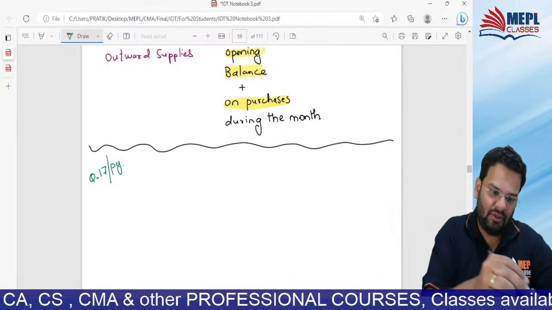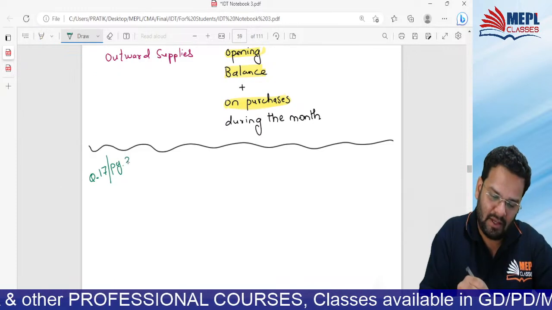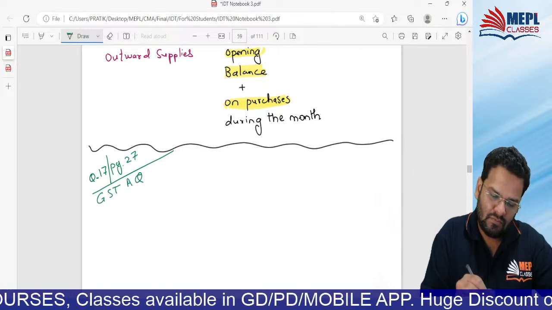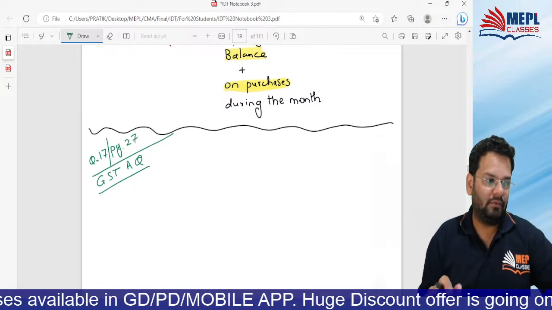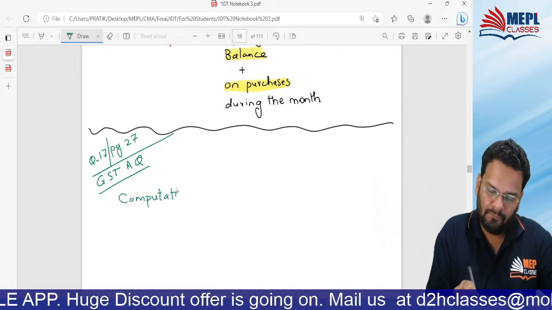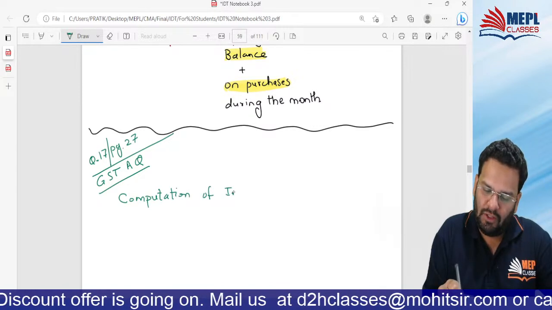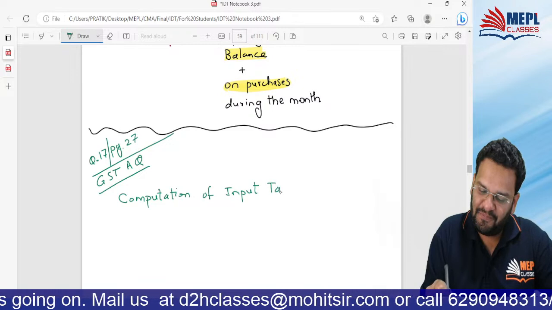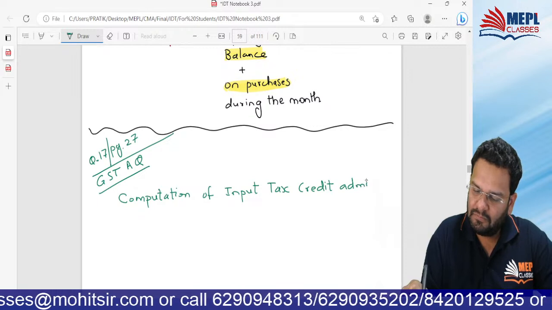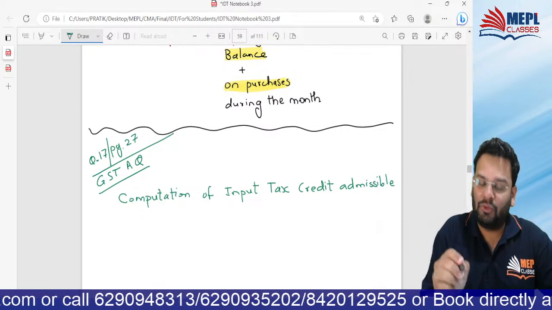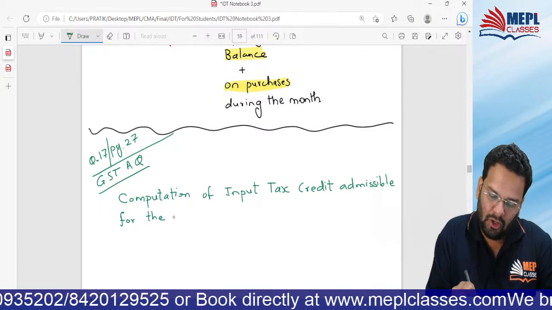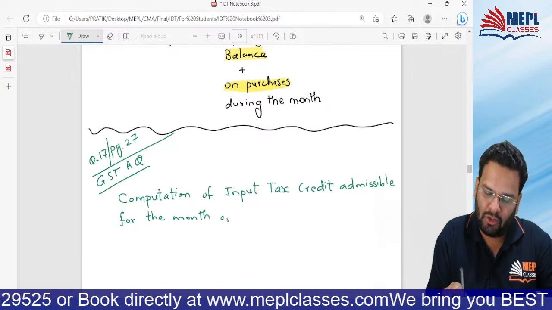it's page number 27, 28. Yes. So computation of input tax credit admissible for the month of, which month are we talking about?